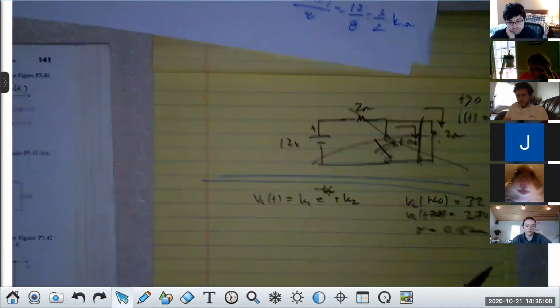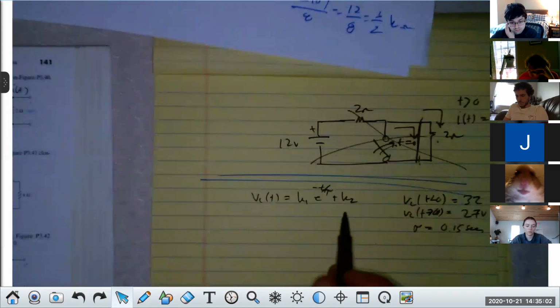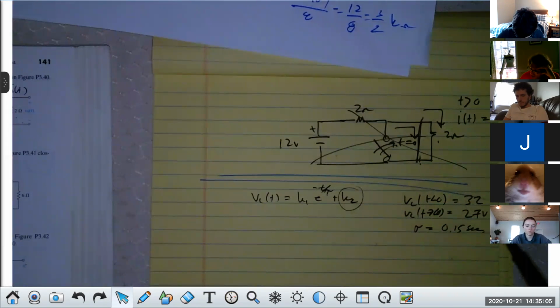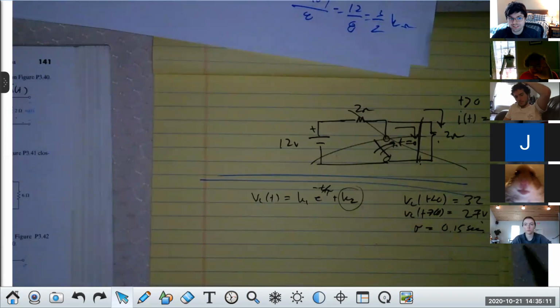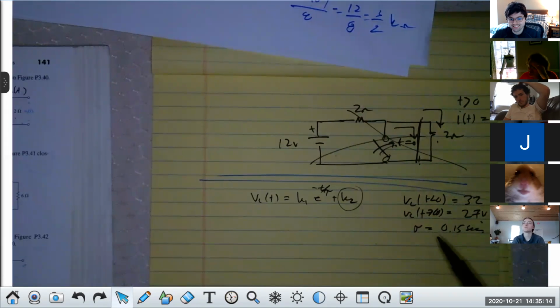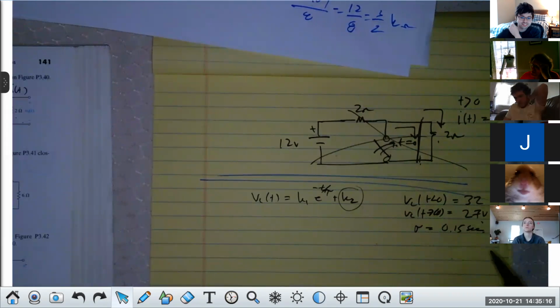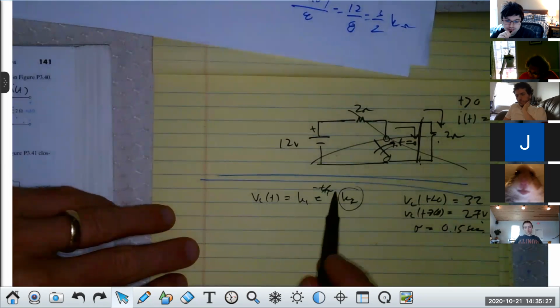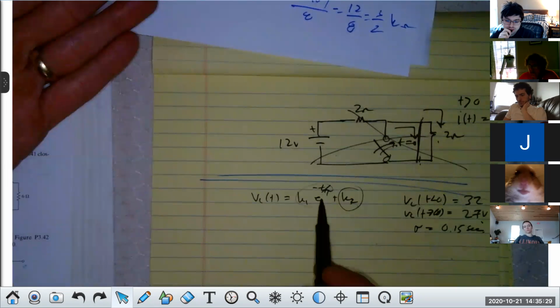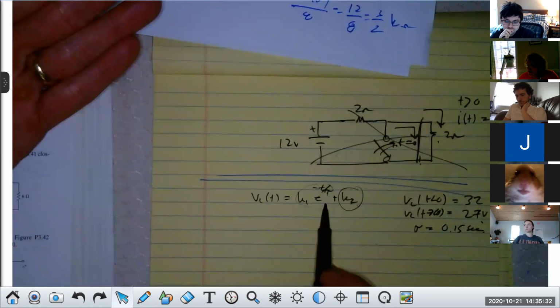Thank you very much. So do you all agree that K2 would be equal to the voltage at t equals infinity? Agreed? Not so much, I kind of don't agree. If you don't agree, can you give me a kind of reason for it? Okay, I'm going to take it you agree mostly. If you don't, tell me. You all see when time goes to infinity, this term goes to zero because of that exponential, right? e to the minus infinity is 0.